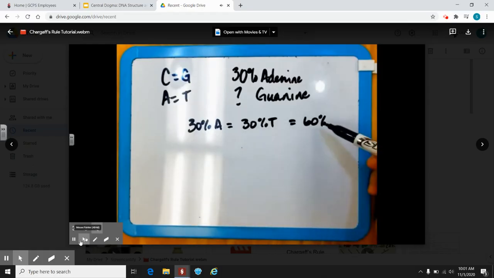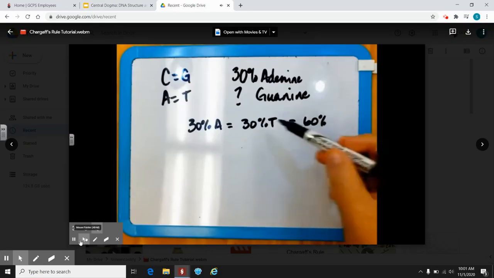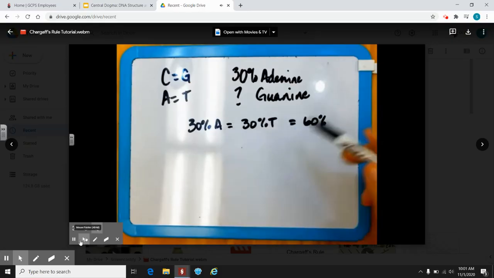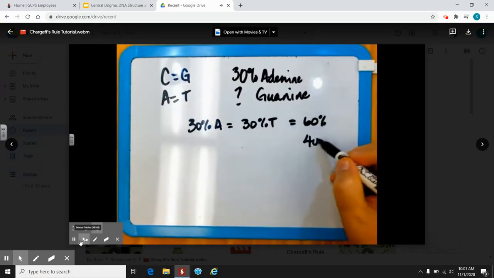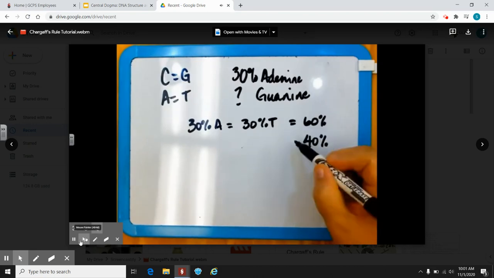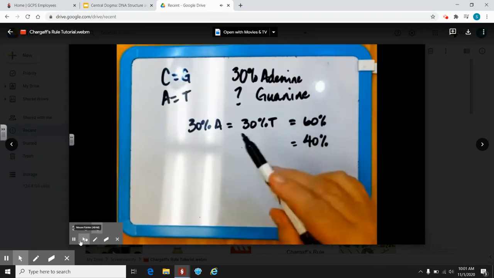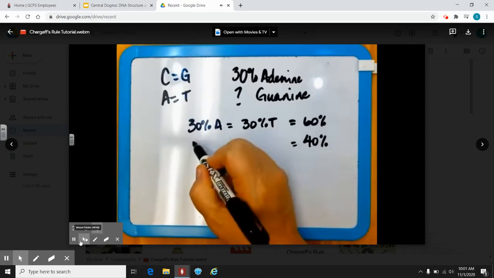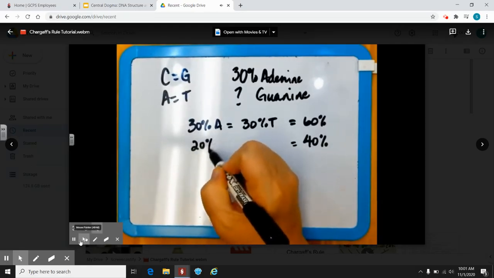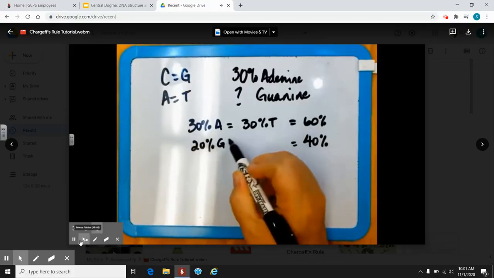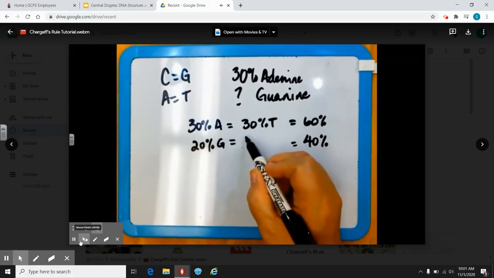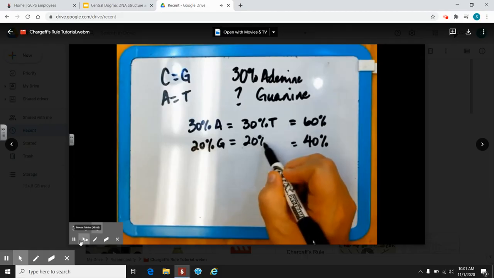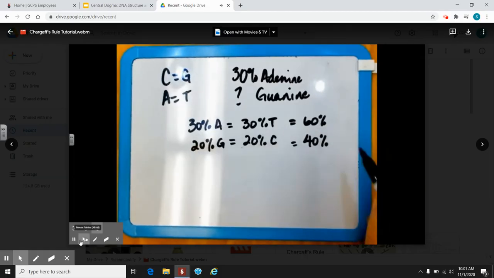So therefore, if 60% of the molecule is A and T, 40% of the molecule must be made up of G and C. Therefore, it must be 20% G because G equals C. So therefore, C must equal 20% as well.